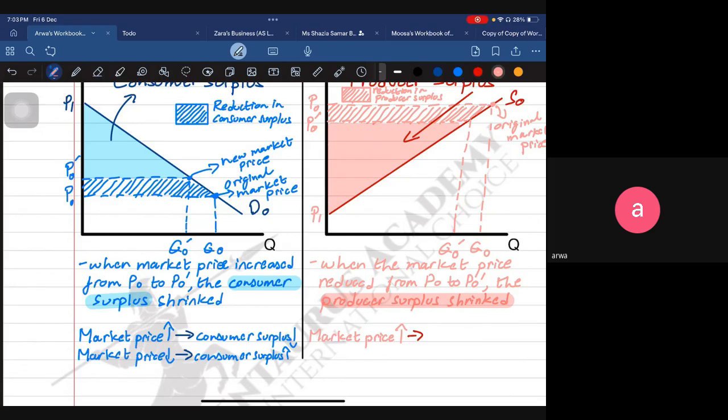Producer surplus is going to increase. Yes. So higher the price, higher will be the producer surplus. And lower the price, lower will be the producer surplus.